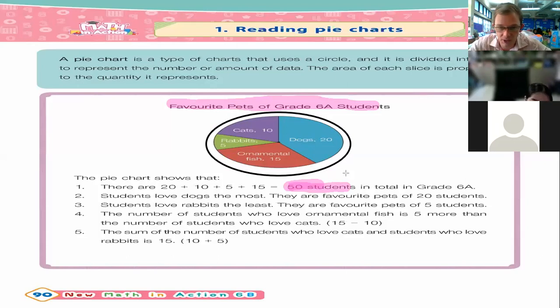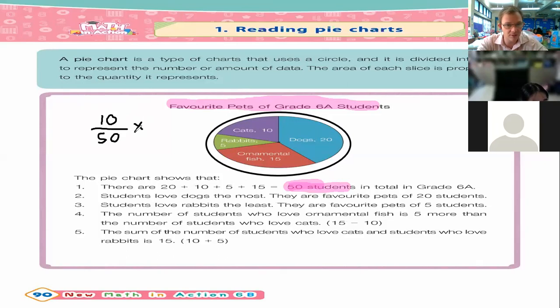We can also ask a question like, what percentage of the whole class likes cats? So then we will have to calculate a percentage. And we do that by saying the amount of cats is 10. The total amount of students is 50.